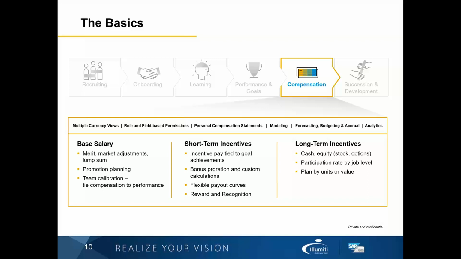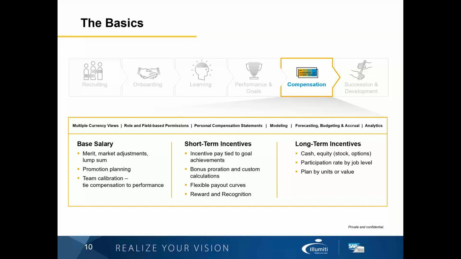The other thing that I like to remind people is that as we go through these exercises, really the power of the solution itself is the built-in rules and guidelines. So any rules that you may have around eligibility, around proration, around requirements for time and job, recent promotions, things like that that impact either eligibility or award amount, all of those pieces will be enmeshed into the system itself.